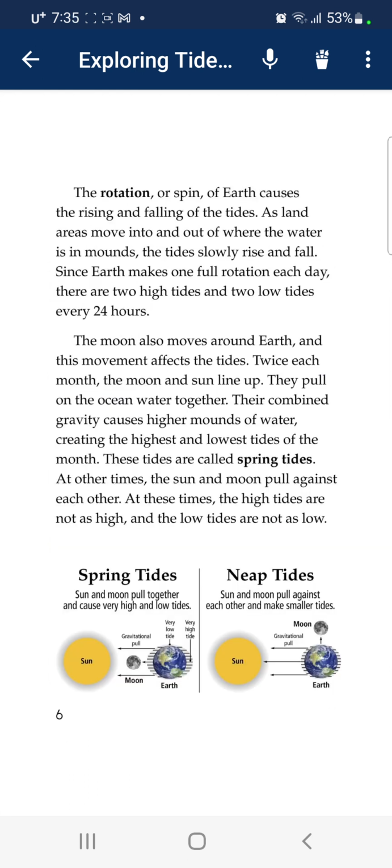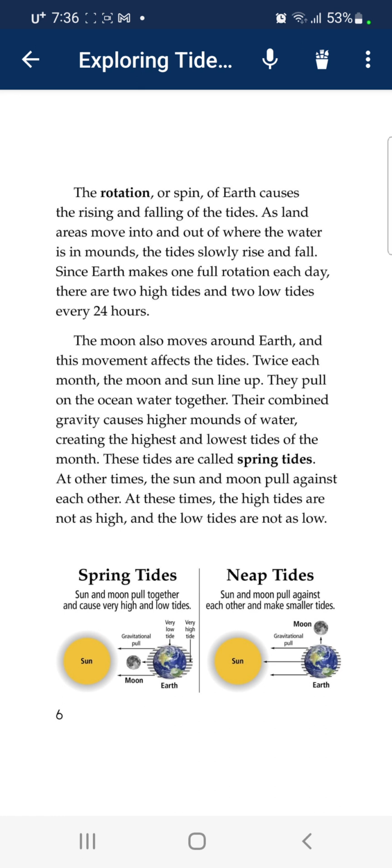The rotation or spin of Earth causes the rising and falling of the tides. As land areas move into and out of where the water is mounded, the tides slowly rise and fall.